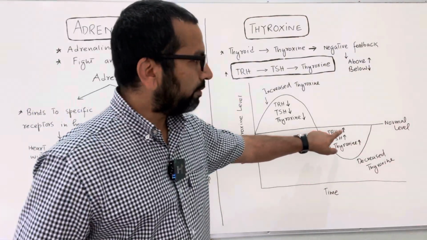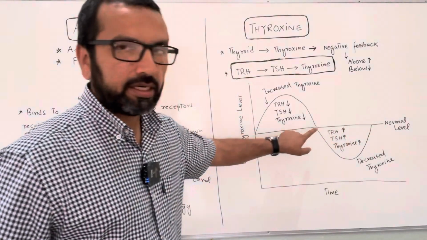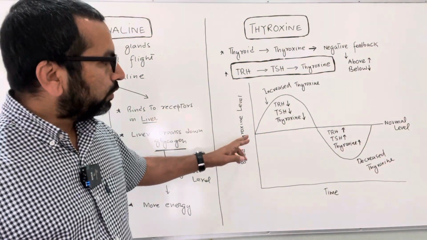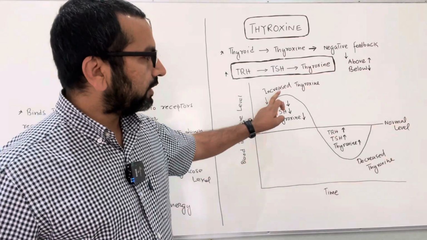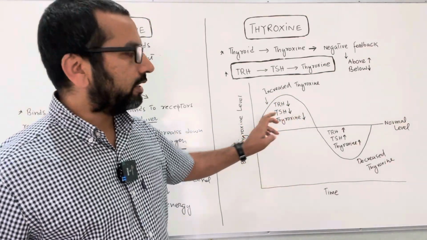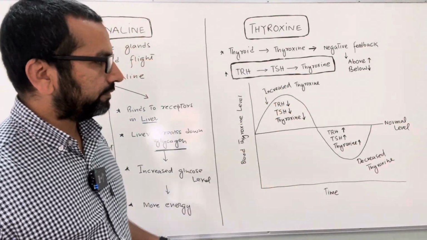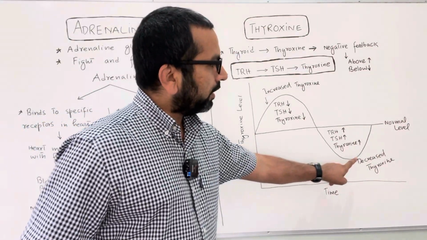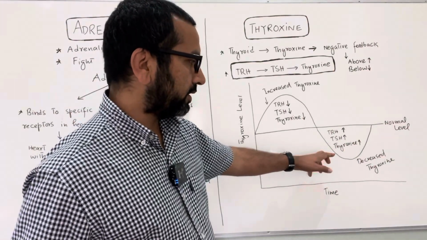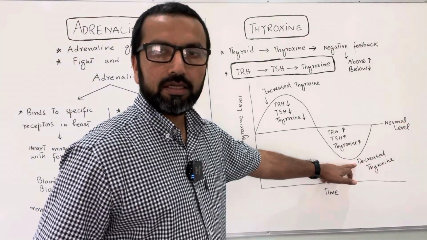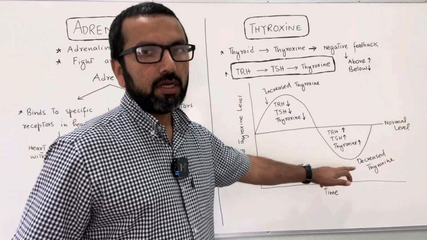This line represents the normal thyroxine level, this part represents that the thyroxine level is increased in our blood, and that part of the diagram represents that the thyroxine level is decreased in our blood.